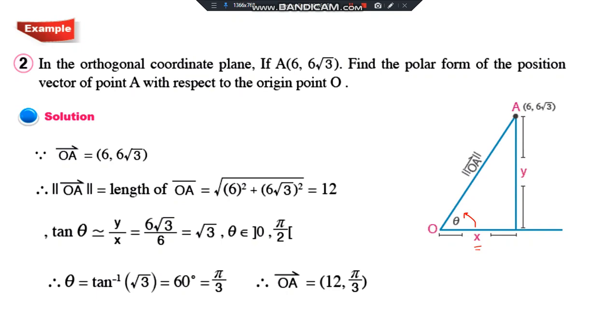So the angle is 60 degrees. In polar form, or in radian measure, it will be pi over 3. So OA in the polar form, the directed line segment OA, equals 12, which is the norm, and the angle, which is pi over 3, ordered pair 12 and pi over 3.